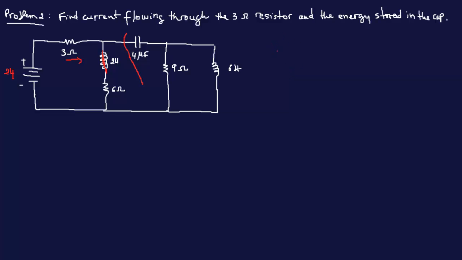So now this is what we have: 6 ohms and 3 ohms here, and still 24 volts here.